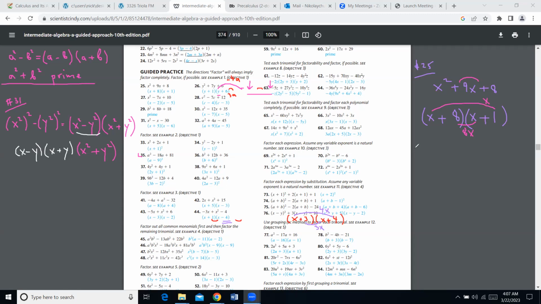It turns out when everything is positive, like in exercise number 25, in the parentheses you encounter pluses.